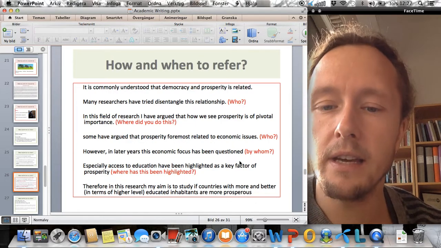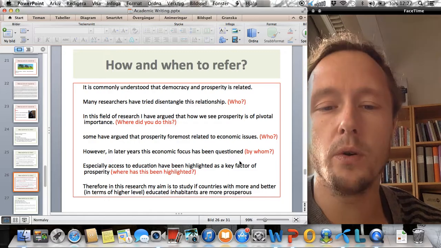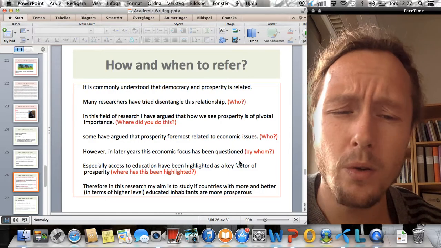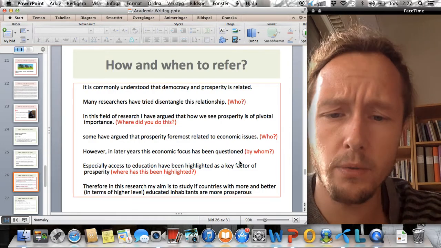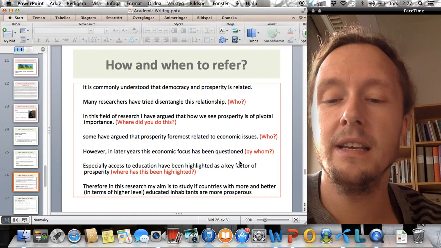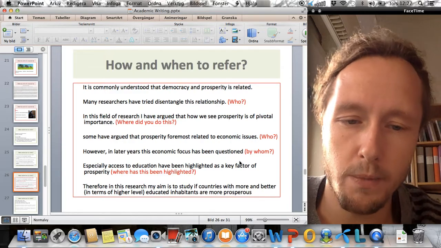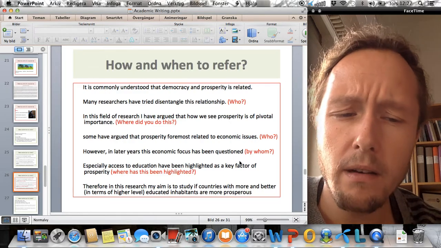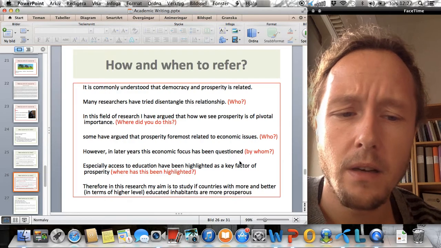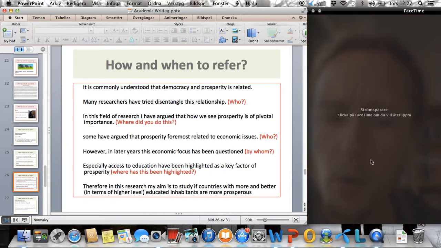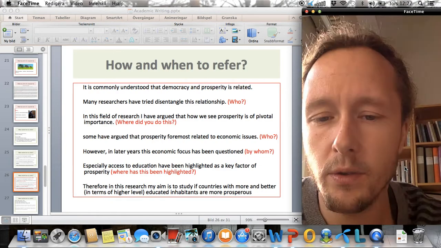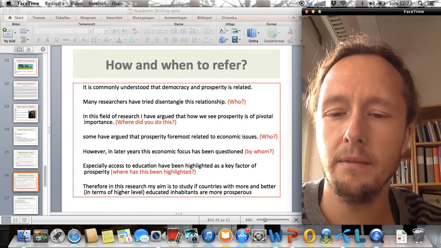However, in later years, this economic focus has been questioned. By whom? Who has questioned this? You have to put a reference. Especially access to education has been highlighted as a key factor for prosperity. Where was this highlighted? In which reports? This you have to refer to as well.